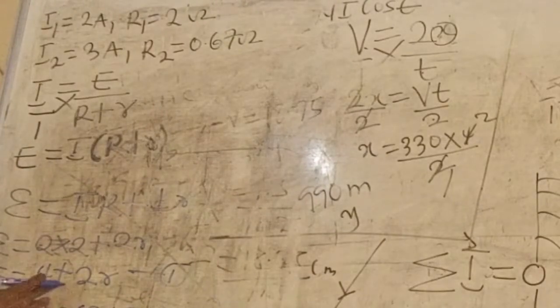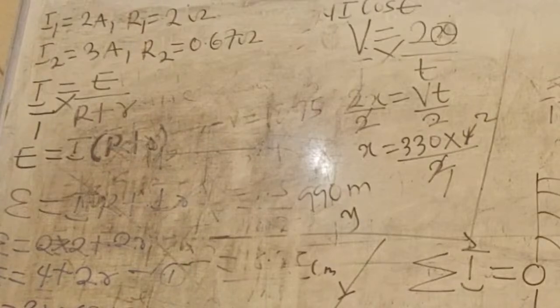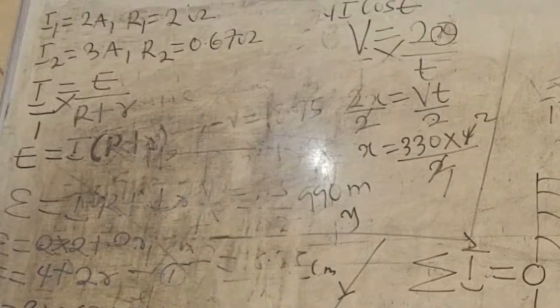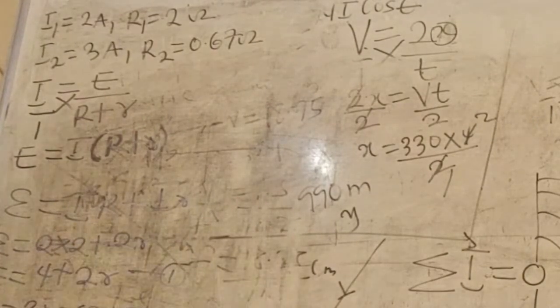Now this E, we just equate the two of them. So this becomes 4 plus 2r is equal to 2.01 plus 3r. You can bring this 2.01 here, and we take this 2r to the other side. So this one becomes 4 minus 2.01 is equal to 3r minus 2r.